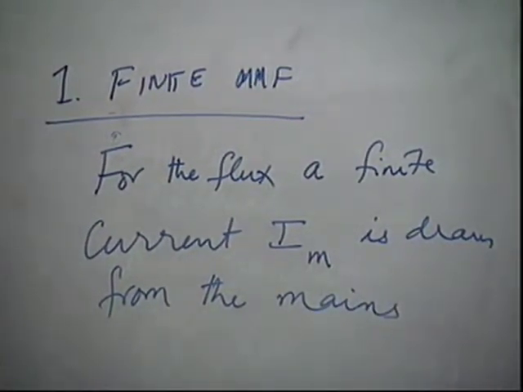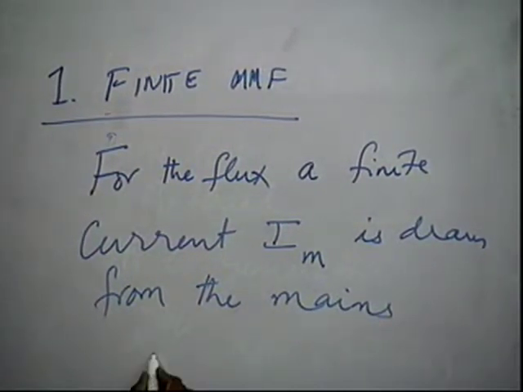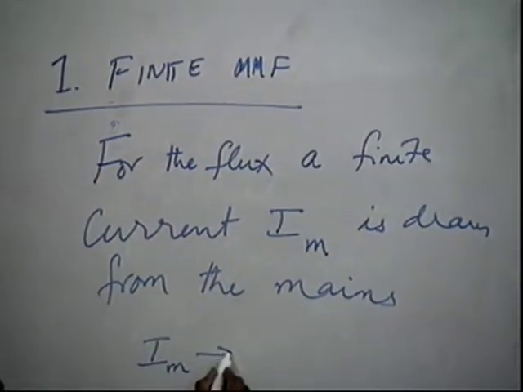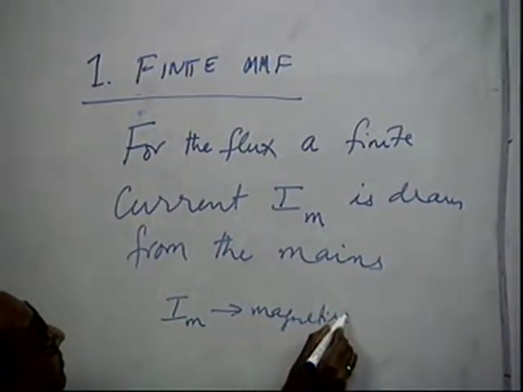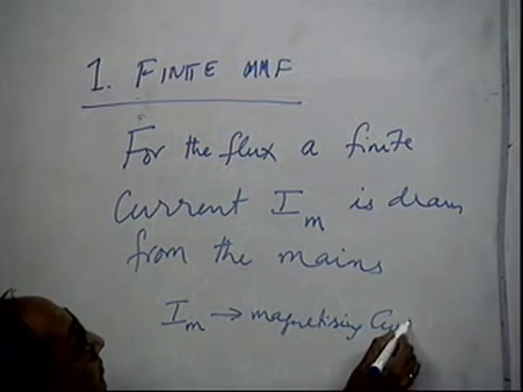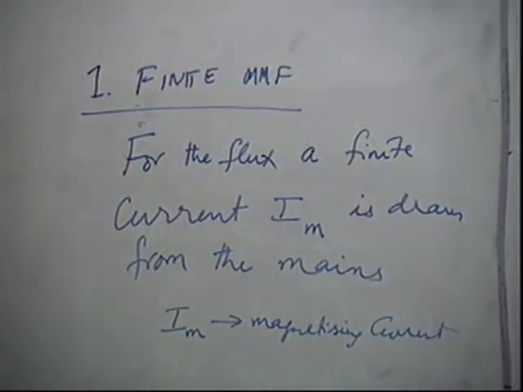A finite current IM is drawn, and this current is called a magnetizing current. This is drawn from the mains.